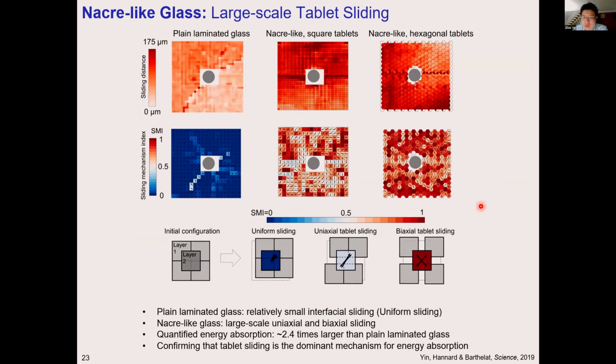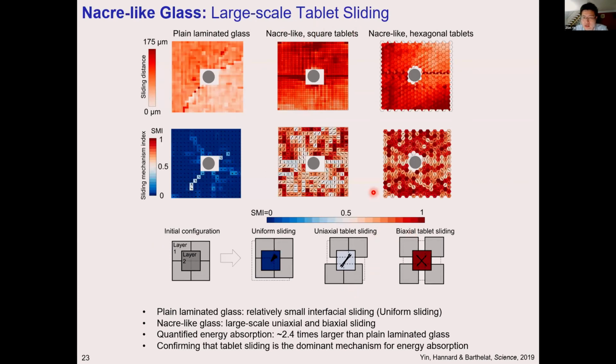But we want to confirm which mechanism is most dominant in the Nacre-like glass panels, so we did micro CT scanning on the puncture samples. For plain laminate glass, we can see very few slidings of the glass fragments, which are also localized near the cracks. For the Nacre-like one, we can see large scale tablet slidings distributed over the whole volume of the samples.